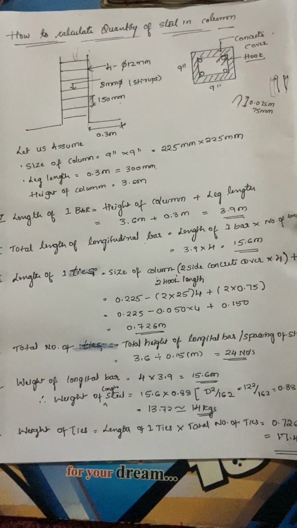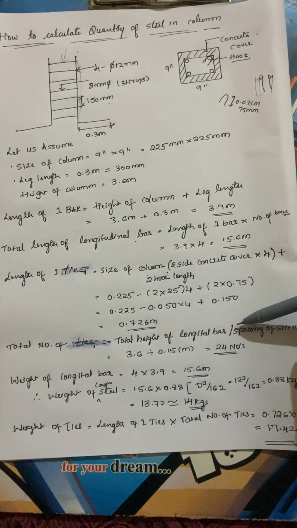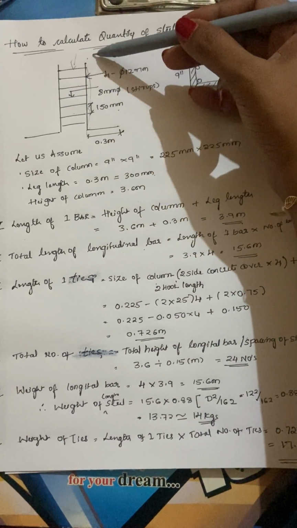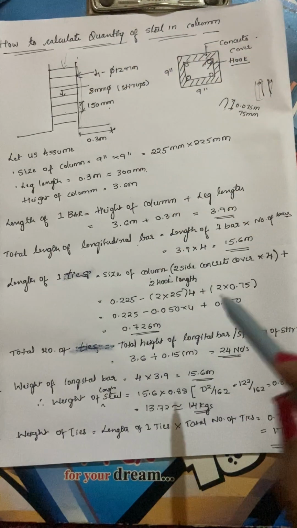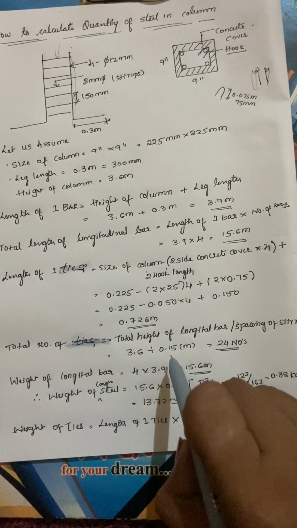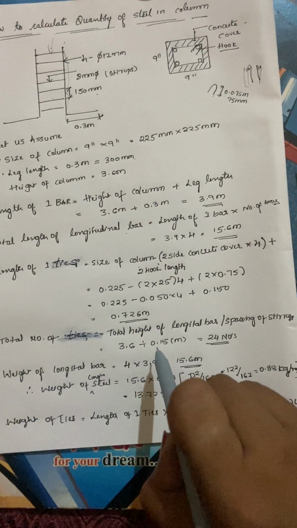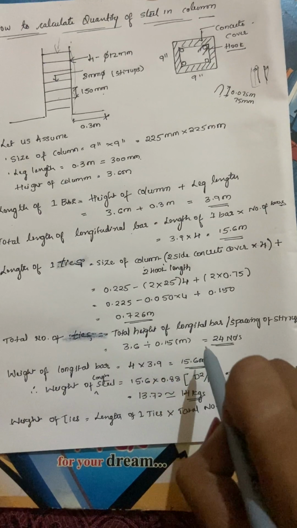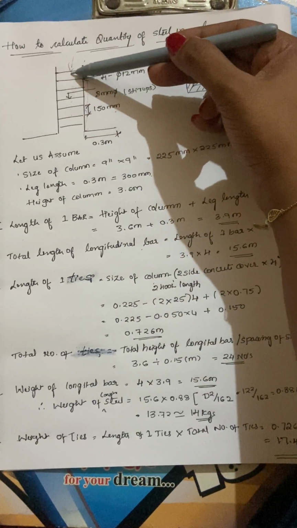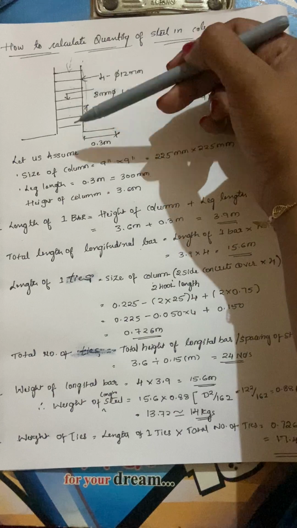So the total height of the longitudinal bar, from here to here, is 3.6 meter, so 3.6 divided by spacing. Spacing is 0.15 in meters. So 24 ties are required for this entire length.